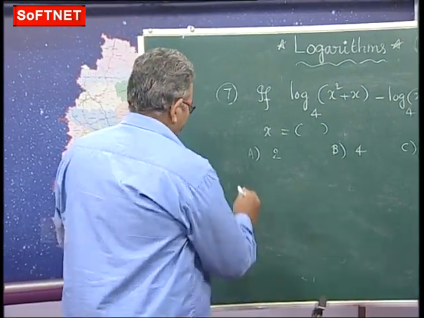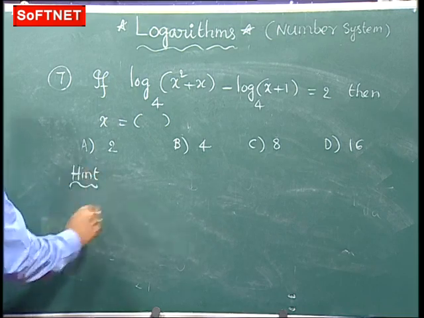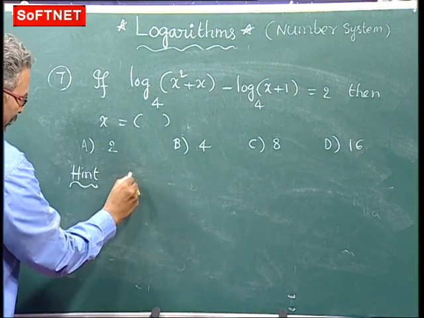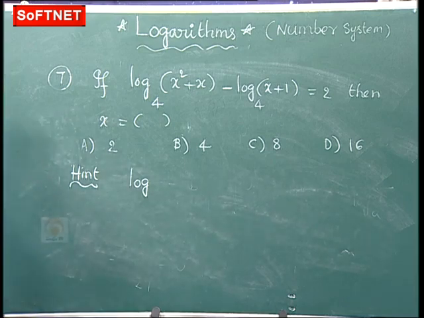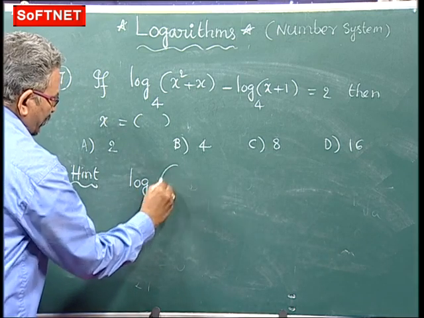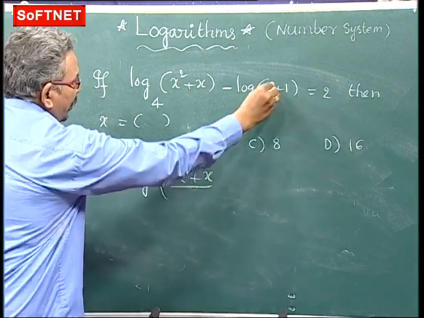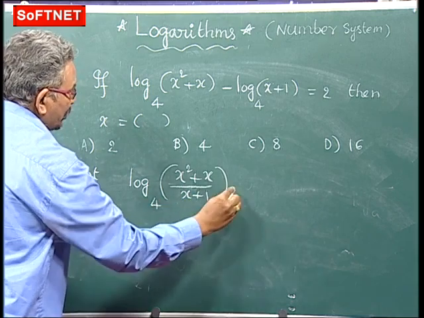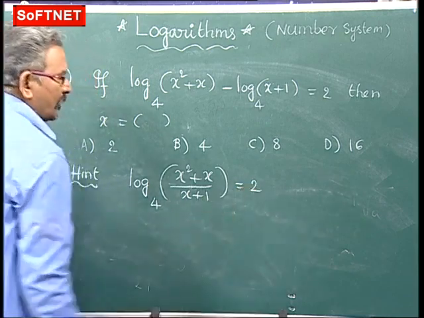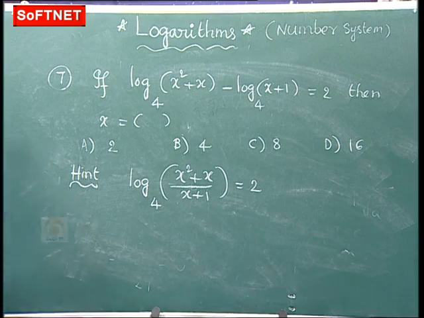So now, put as a single logarithm, this can be written as log of x square plus x over x plus 1 to the base 4 is equal to 2. Now just simplification has to be done here.